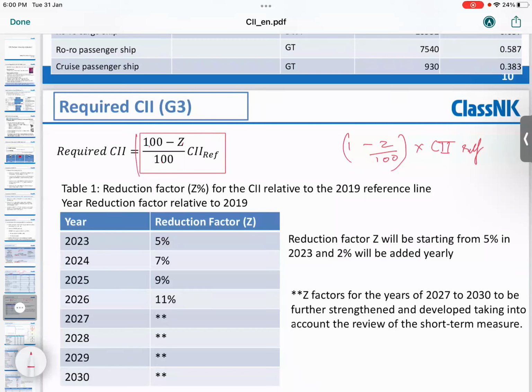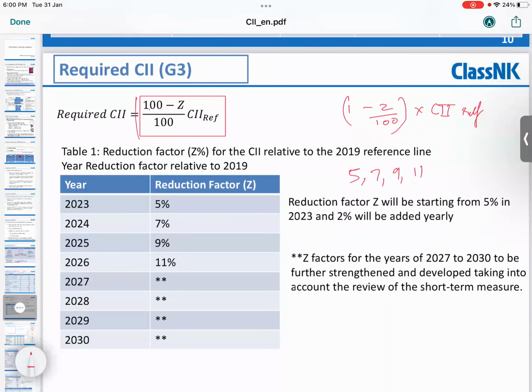So what is your reduction factor right now? We are changing it every year. Right now 5, 7, 9, 11 is running, our target till 2030. And the next reduction factors will be decided at MEPC 80. So they will revise it. Year by year they are increasing the values for the reduction factor.